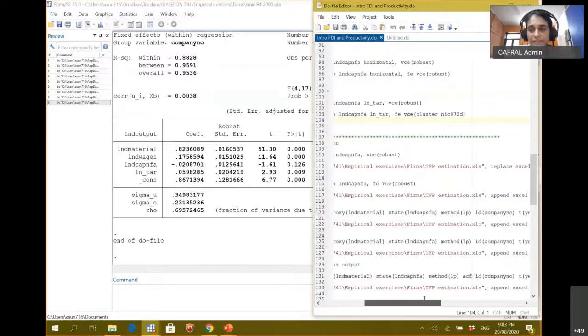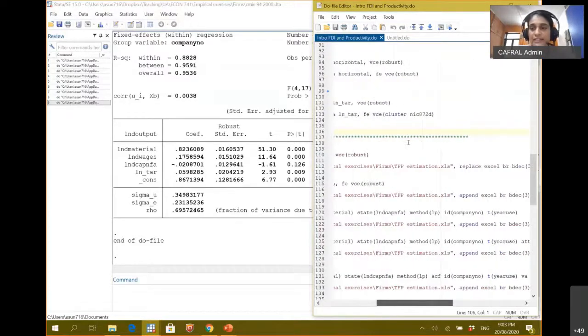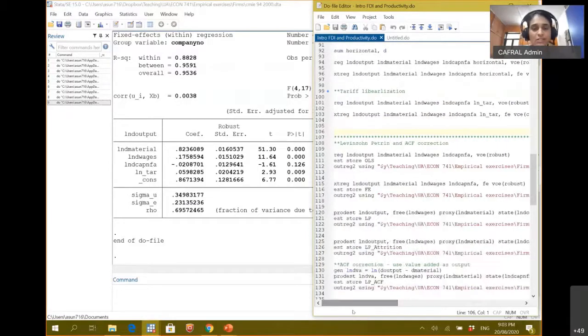The other thing I have done is cluster the standard errors at the NIC 2-digit level, which is an industry-level clustering. And you should always cluster your standard errors by industry. It allows for shocks within industries to spread, spillovers within industries.